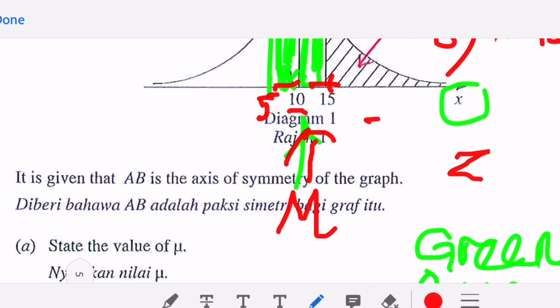If the axis is labeled as z, then the mean will be 0. Okay, clear? The mean is equal to 0 when the axis is labeled as z.